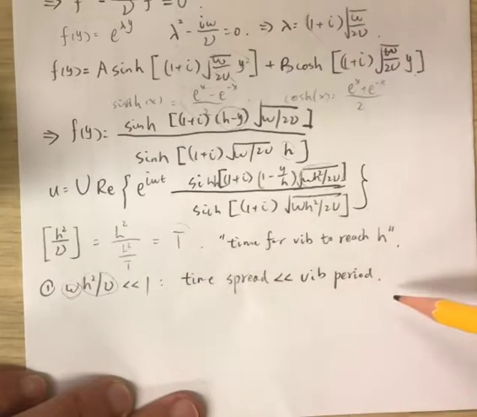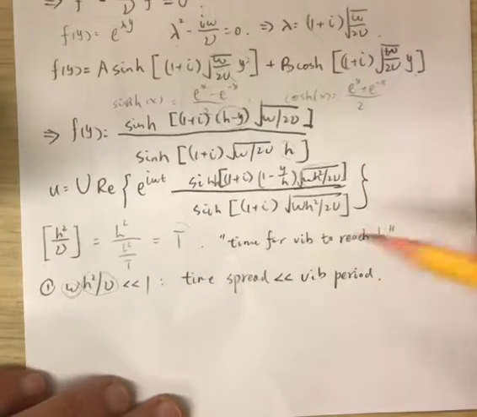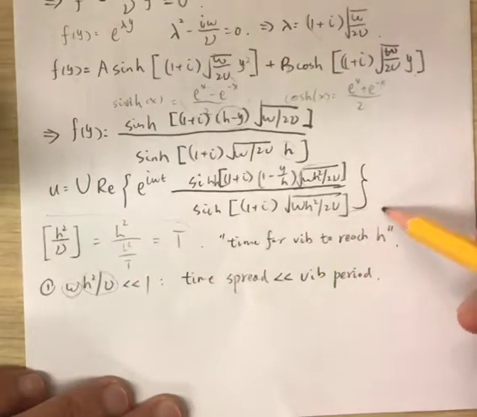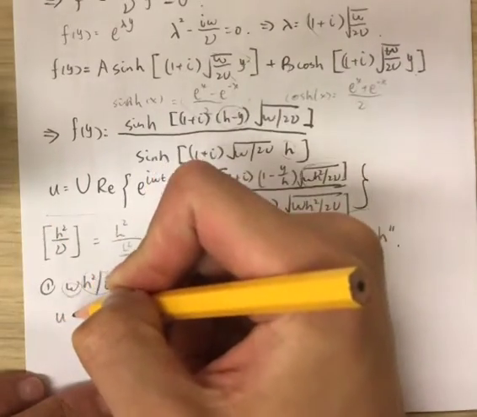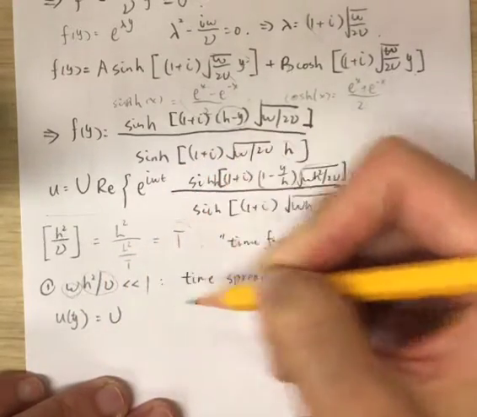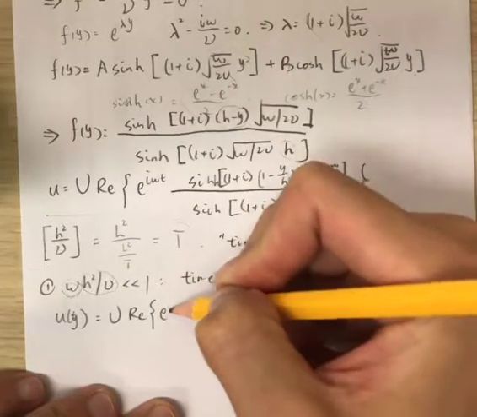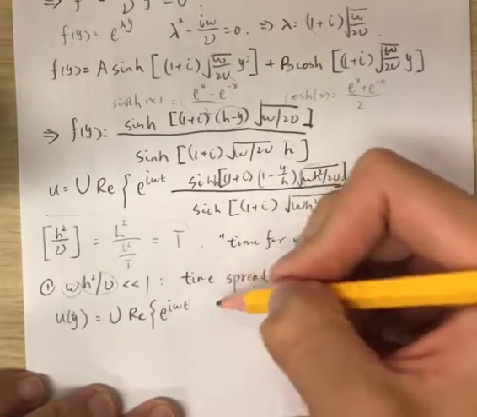So if this is indeed the case, then we can simplify our result. U should equal capital U times the real part of this thing, e to the i omega t.